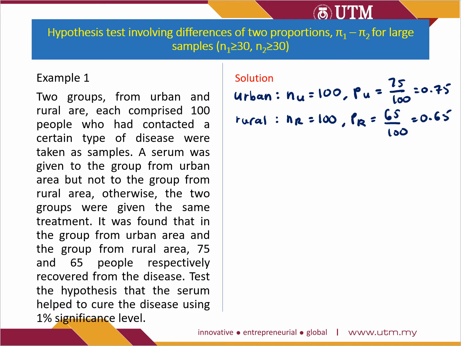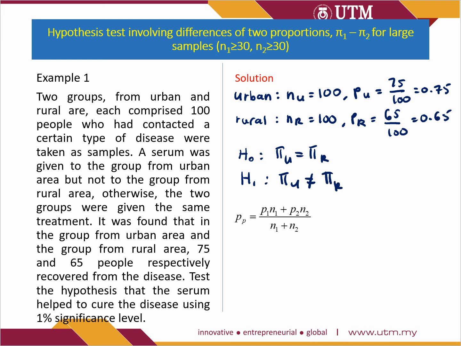First, we define our hypothesis. Given H naught is π1 equals π2, where this one is for urban and this one for rural, the alternative would be πU not equal to πR.